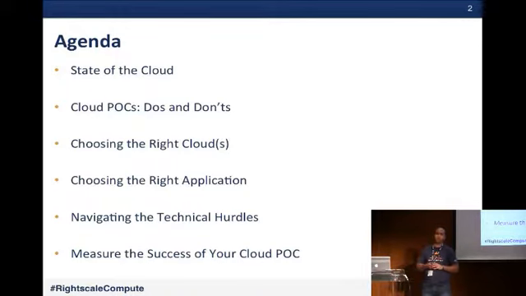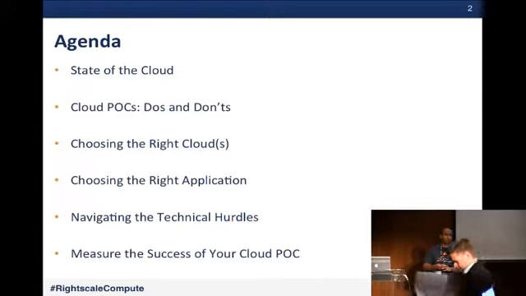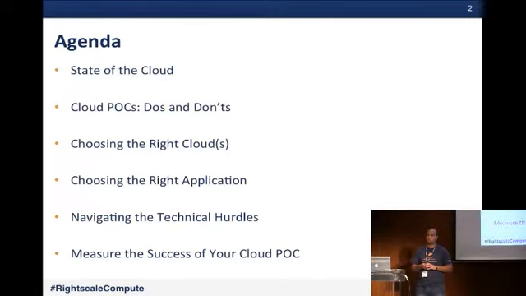We'll specifically talk about how to choose the appropriate cloud and the appropriate application for those proof of concept environments when you're selecting the particular tools that you want to work with. Then we'll walk through how you can overcome some of the technical challenges you come across, and, when you get to the end of your POC, how you define the success criteria and measure whether your POC was successful or not.